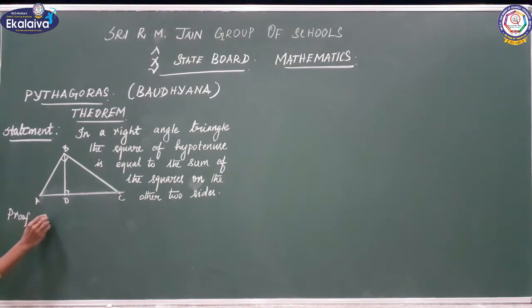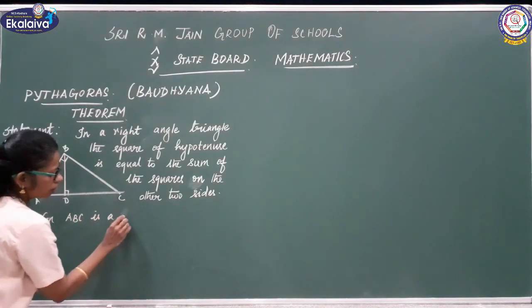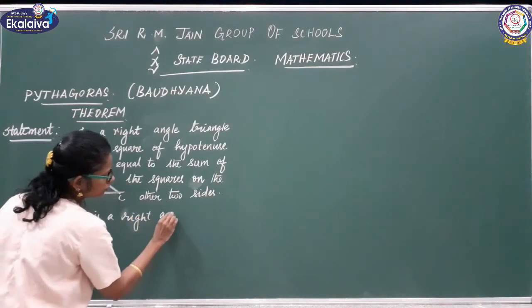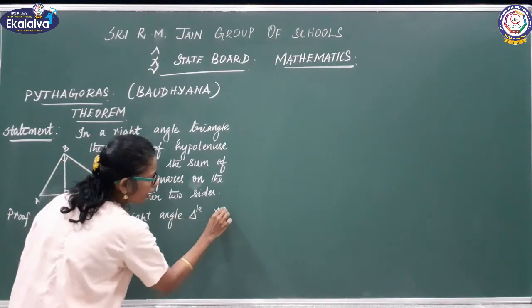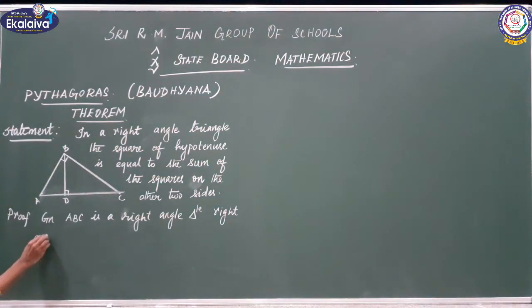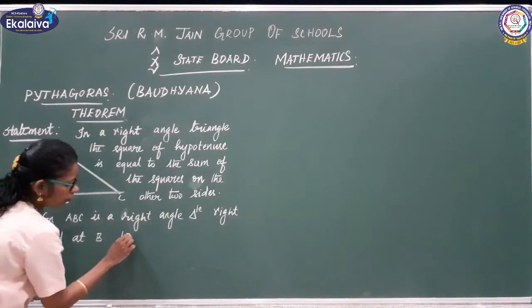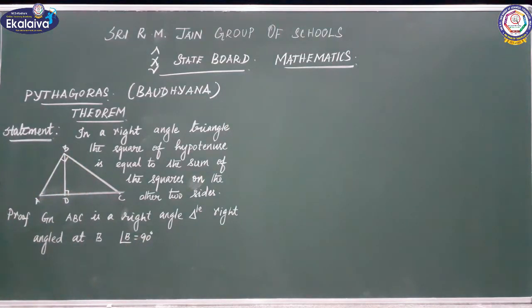Proof. Given: ABC is a right angled triangle, right angled at B. That means angle B equal to 90 degree.